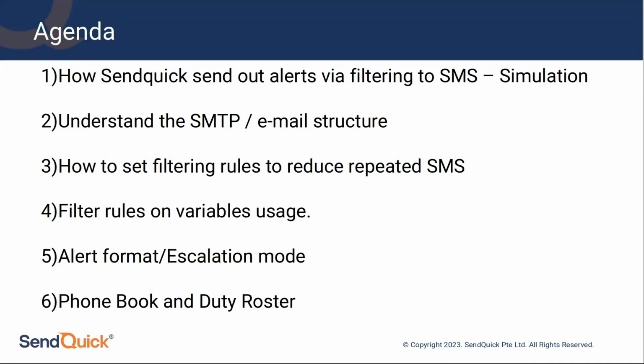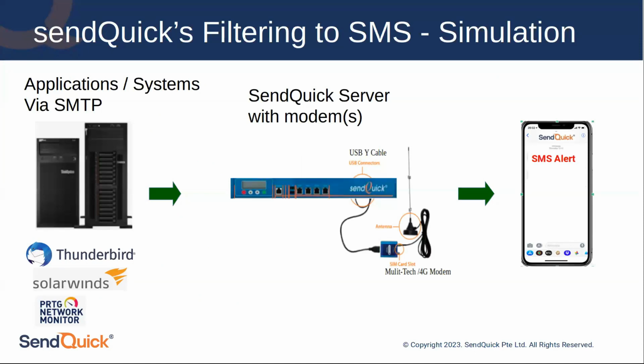Okay, let's get started. This diagram shows the SendQuick filtering to SMS simulation. On my left, you will see the applications and systems sending via SMTP. SendQuick supports sending via SMTP. You can send from various applications like SolarWinds, PRTG, or you can use Thunderbird.